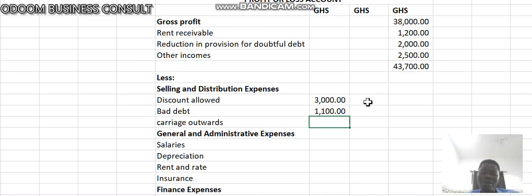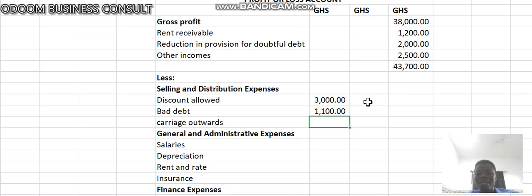Another expense is carriage outwards. When we determine the trading accounts, we realize that there's something called carriage inwards. When you go and buy, and then we bring them into the company, the cost that we incur is the carriage inwards. In the same way, when the customers come and buy, we can tell them, free delivery. When you buy from us, we will deliver to your warehouse or wherever you are going for free.